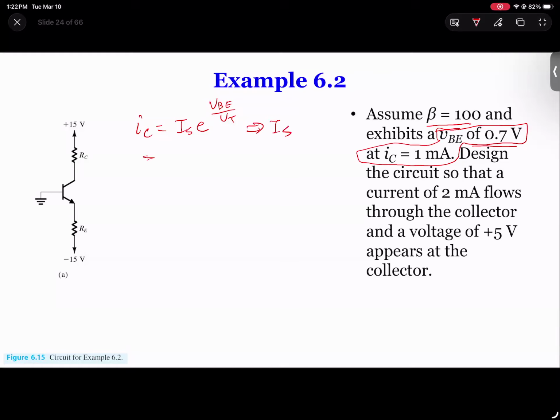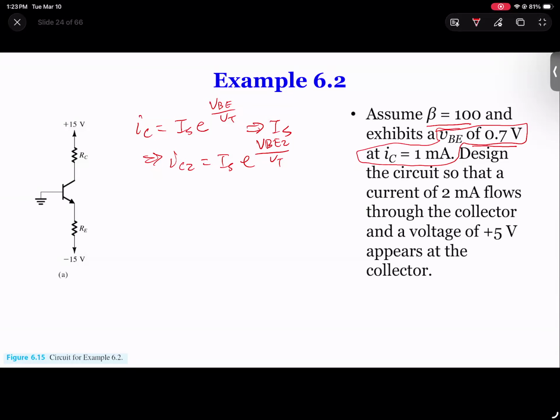If you find IS, which means IC2 is IS, which is given, times e to the VBE2, you have a different VBE, you can find that IC2. Given this 1 milliamp at 0.7 volts, you can find IS. Now you can find the current for any VBE, or for any current you can find VBE, or for any voltage VBE you can find IC.